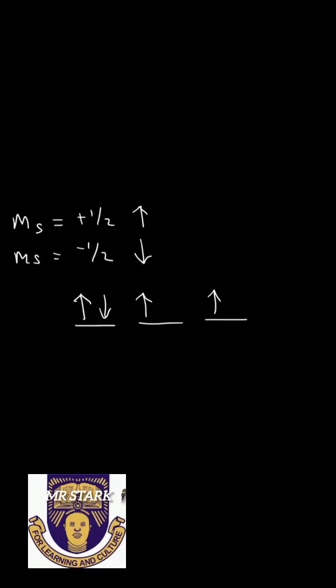So according to Pauli's exclusion principle, every electron within an atom has a unique set of 4 quantum numbers. So you can think of those 4 quantum numbers as the address of each electron within an atom. So let's say we want to talk about the 2p5 electron.